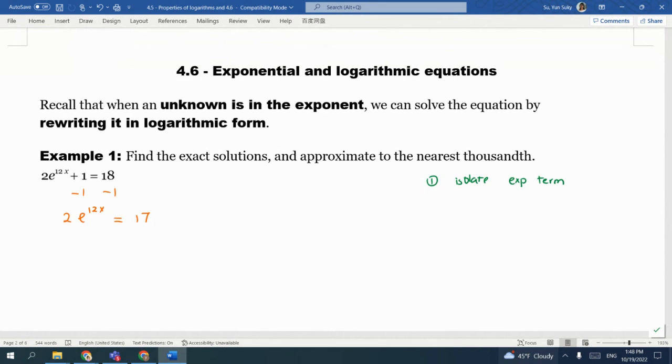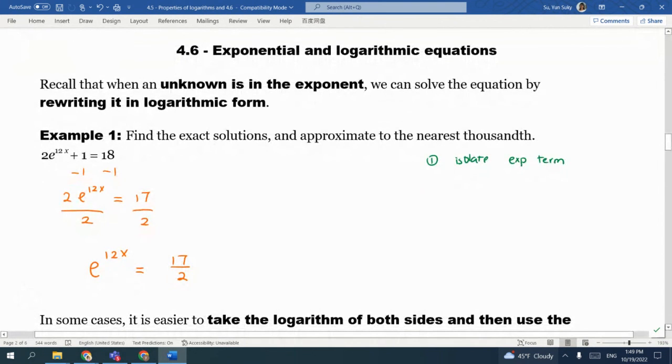Divide by 2. Yes, we want the exponential term to be by itself, so divide by 2. Now we have e to the 12x equals 17 over 2. So this is how we isolate the exponential term.